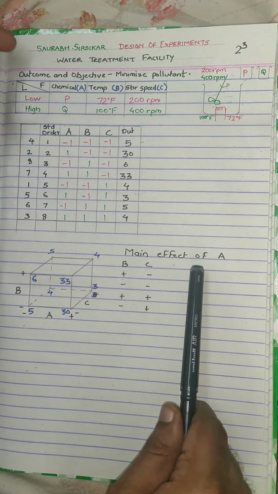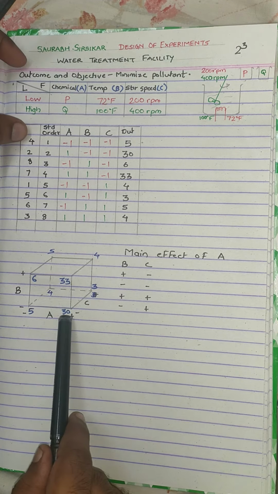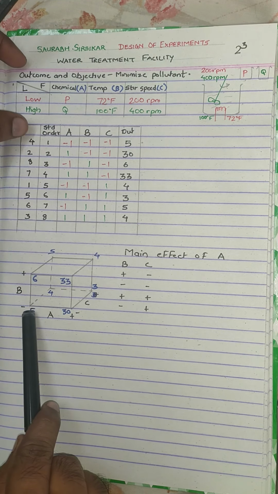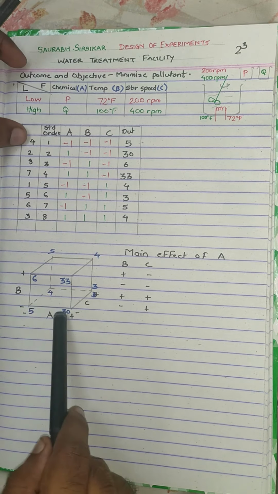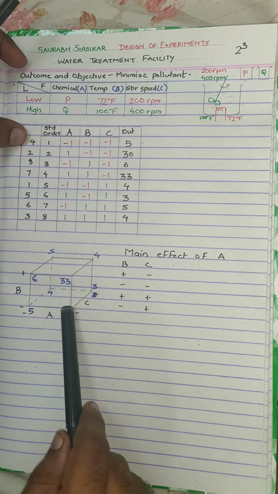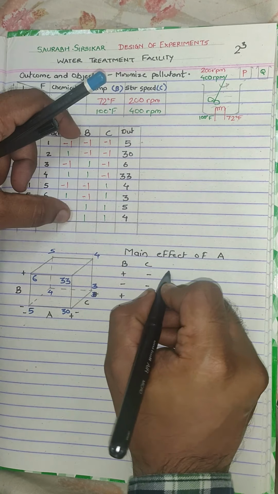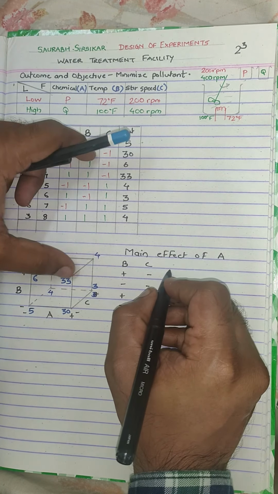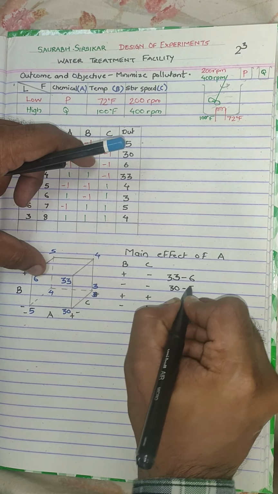Okay, as we did earlier, to find the main effect of A, we did 30 minus 5 and 33 minus 6, and we took an average of these two differences, right? So we will do it in a similar way, that is 33 minus 6 and 30 minus 5.